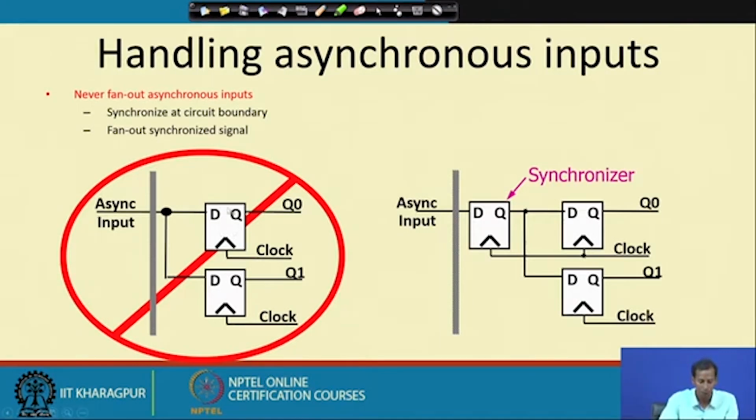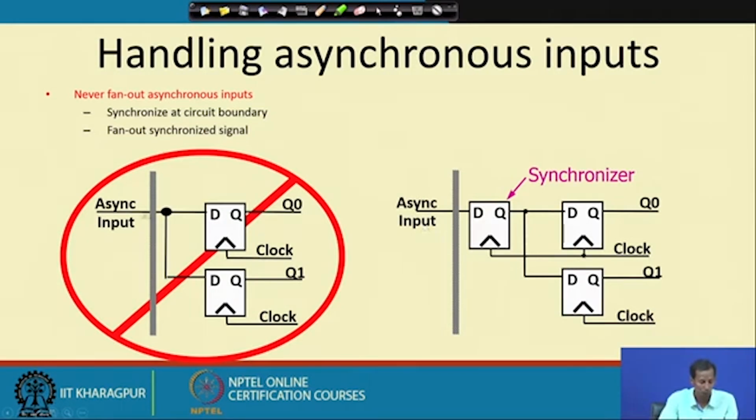At that time, what do we have to use? We have to use a synchronizer. A synchronizer means you put another D flip flop, and that particular output is connected to the other two flip flops which are connected over here.